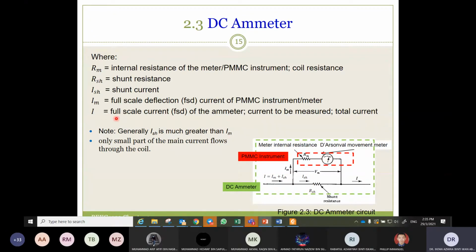The big I is the full scale deflection of the ammeter, the current flowing through the whole ammeter, or the total current to be measured. Generally, I shunt is much greater than Im because the PMMC only needs a small current to conduct through the coil. Only a small part of the main current flows through the coil. Coil means the PMMC part.